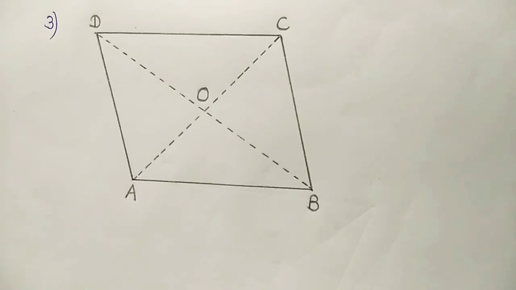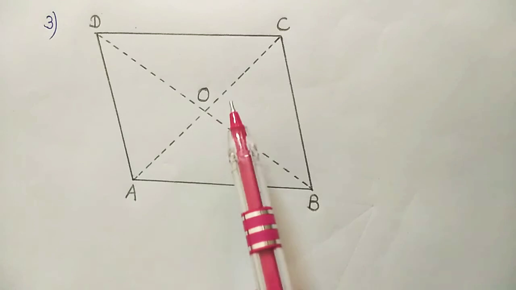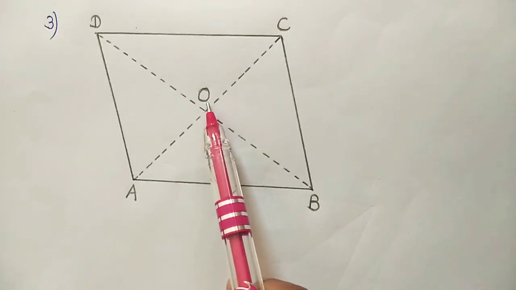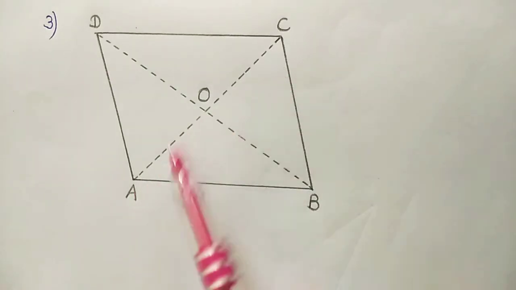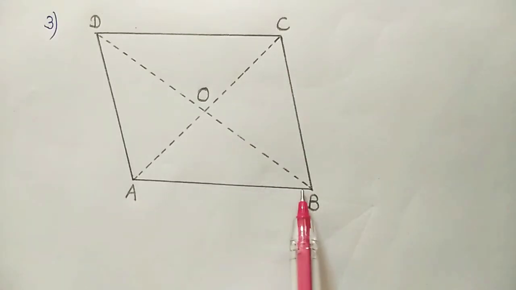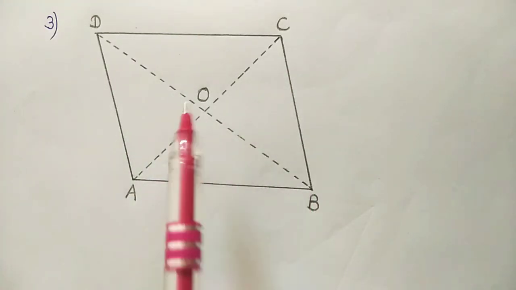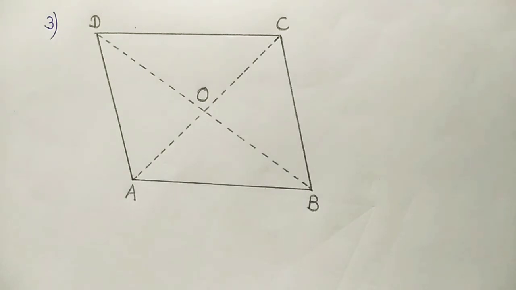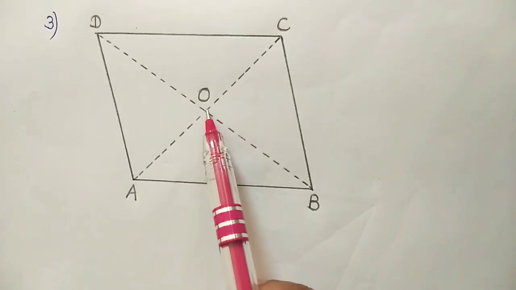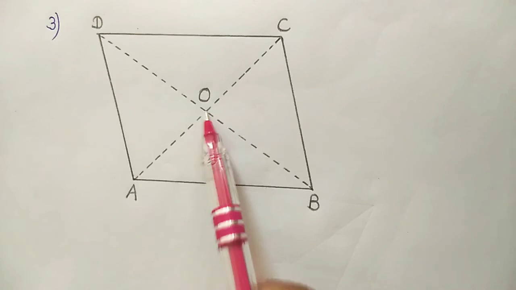We have learnt that the diagonals of a parallelogram bisect each other, which means they intersect at one point O. So, for diagonal AC, OA will be equal to OC. For diagonal BD, OB will be equal to OD. Why? Because diagonals of a parallelogram bisect each other, which means from the intersecting point, the distances will be the same.